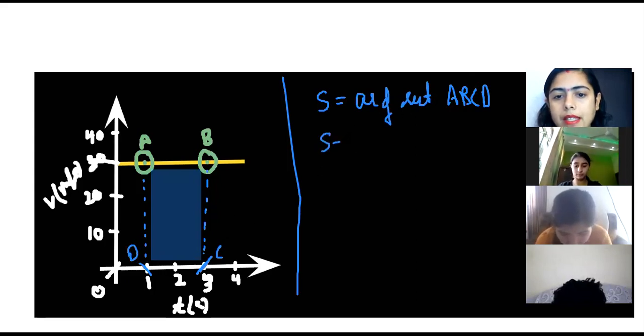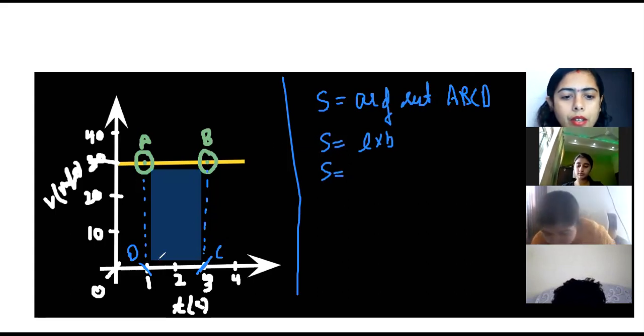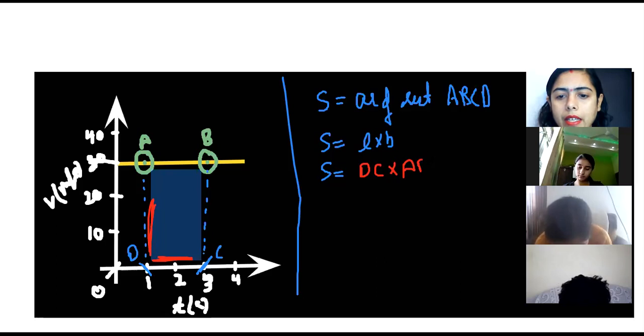Now S is equal to area of rectangle. What is the formula? That is length into breadth. What is the length here? You can take this DC as the length. So you can say DC multiplied by breadth, which you can take as AD.